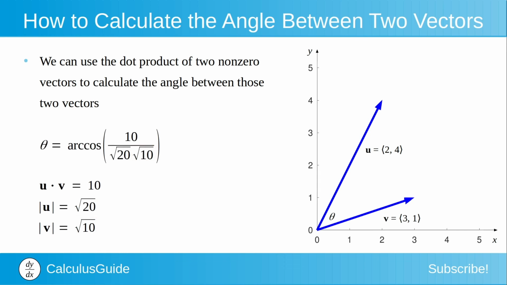When we calculate the arc cosine of this value, highlighted in red, we get an angle of 45 degrees, or 0.79 radians. So we've calculated that the angle theta between the vectors u and v shown to the right is 45 degrees, or 0.79 radians.